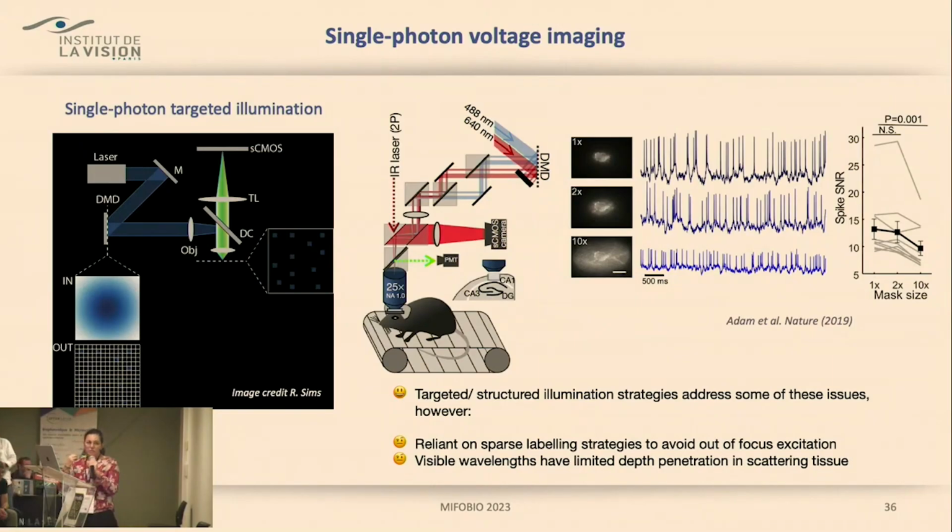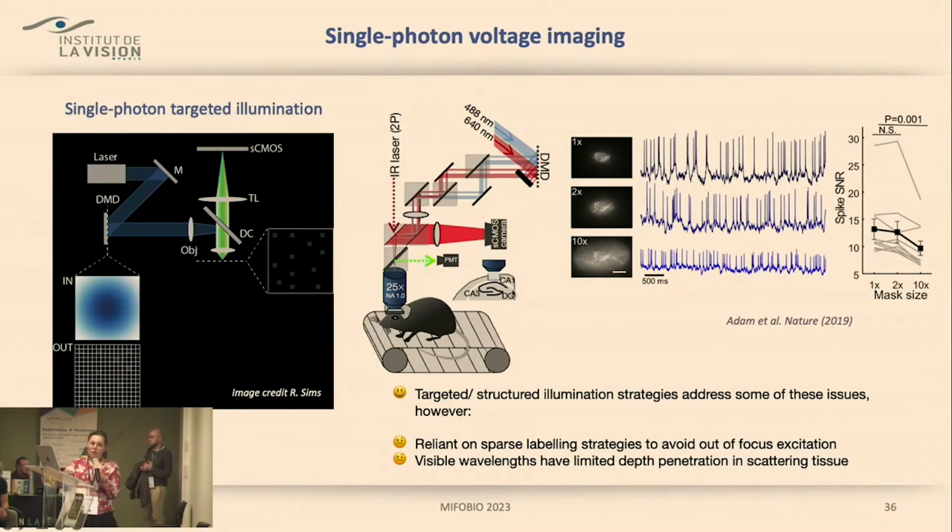And like that, they managed to do nice experiments without having the problem of the out-of-focus light. Nevertheless, this remains a single photon excitation, so it means you are limited in depth, and as you can see, it's camera detection.